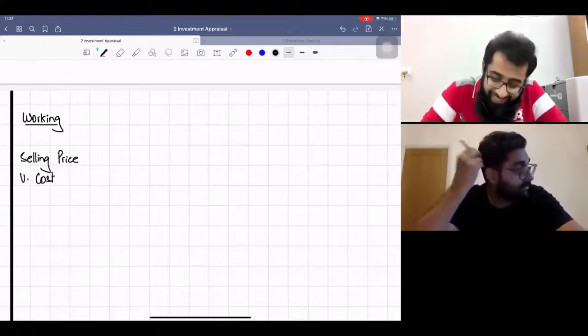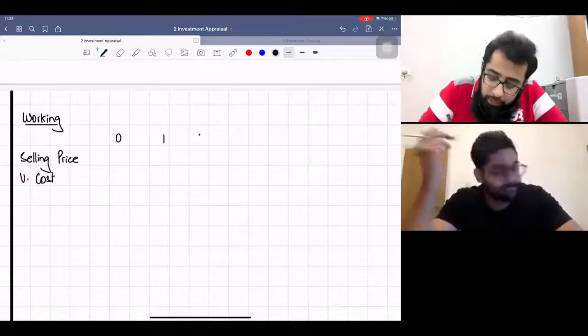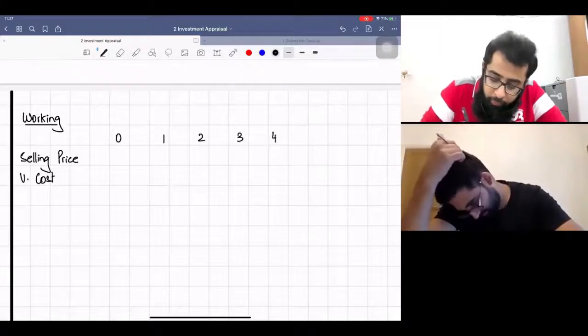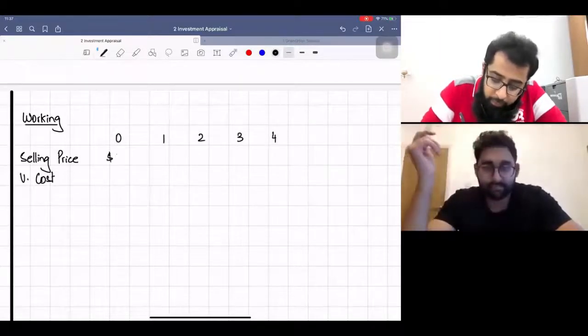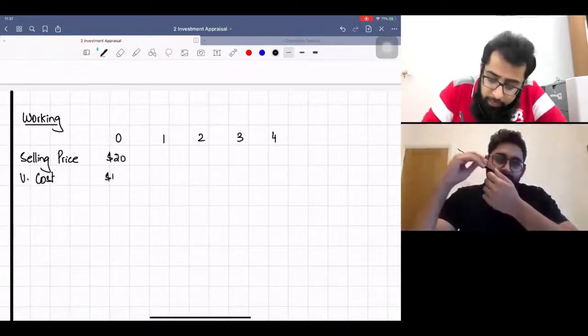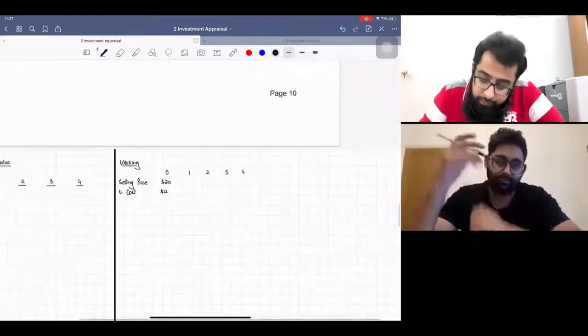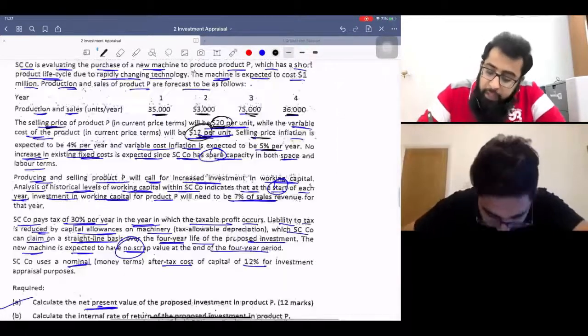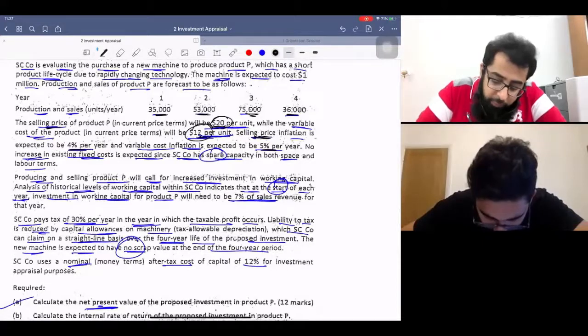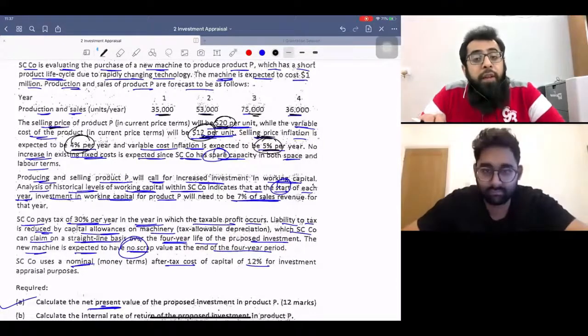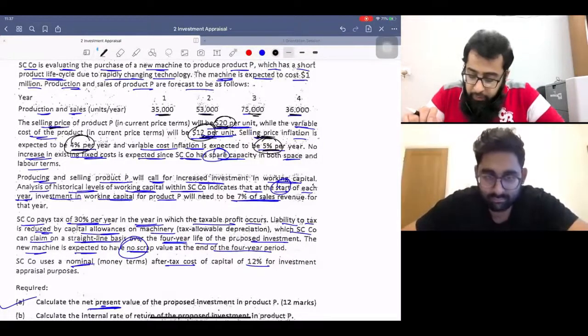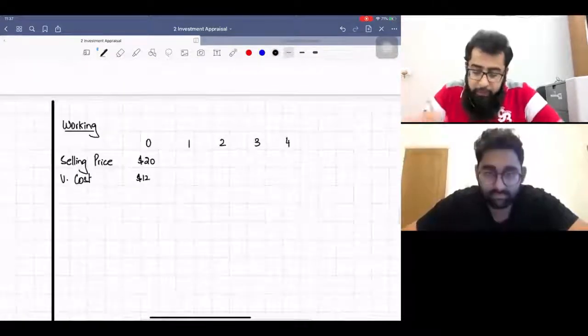Of course. Year 0, 1, 2, 3, and 4. The selling price is $20 and variable cost is $12. Selling price inflation is 4% and variable cost inflation is 5%. First let's complete the selling price.